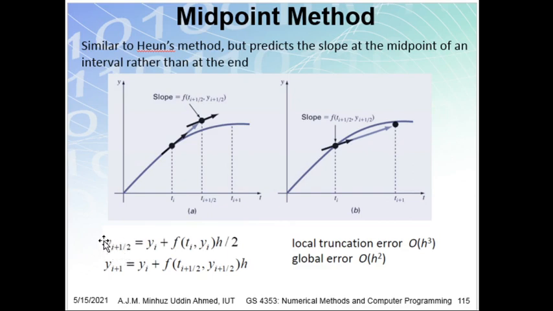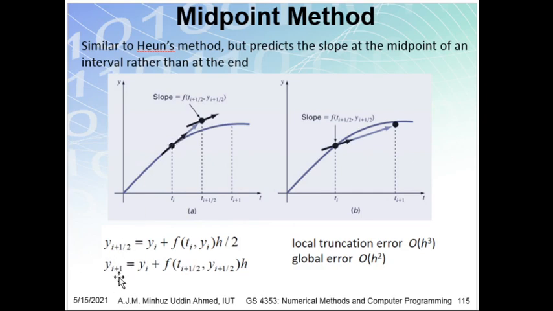And this is y i plus half, as you can see here. Once we obtain this point, we take the slope at this point. We know t i plus half, and we will know this value, and using t i plus half and y i plus half, we calculate the slope at this point, and this slope will be used here at the initial point.